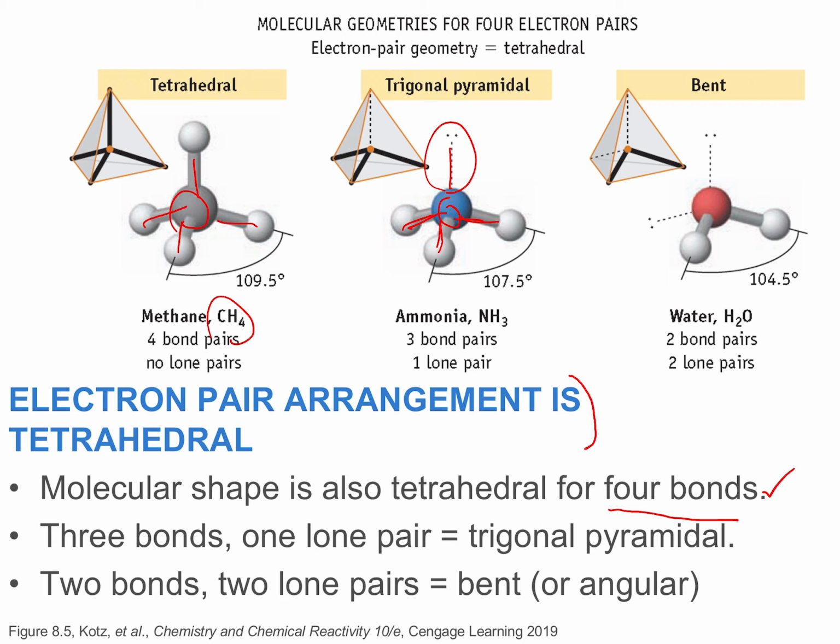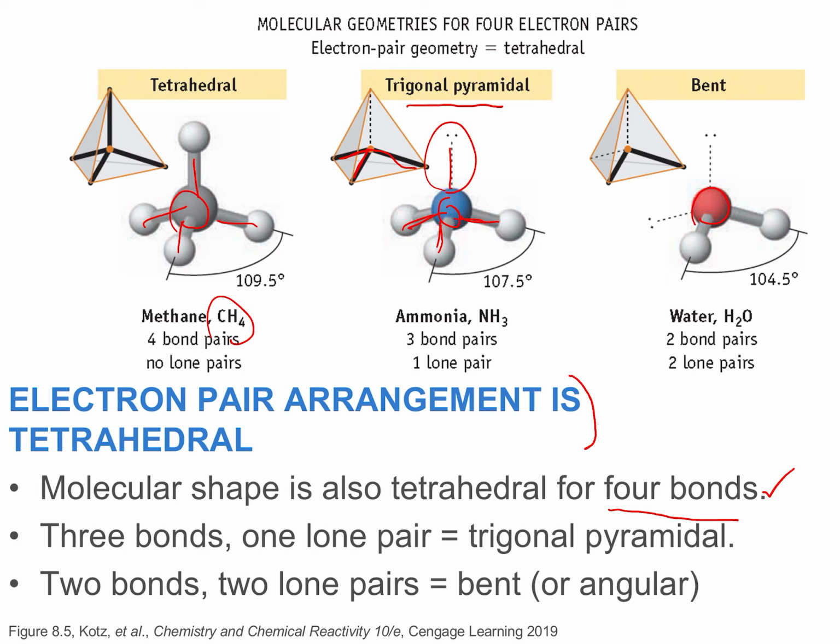So for ammonia, the electron pair arrangement is tetrahedral, but its molecular shape is trigonal pyramidal. What I like to visualize is, say that you had a very powerful microscope and you could only see the atoms and you couldn't see the electrons. If you visualize just the atoms, then you have this trigonal pyramid right here.